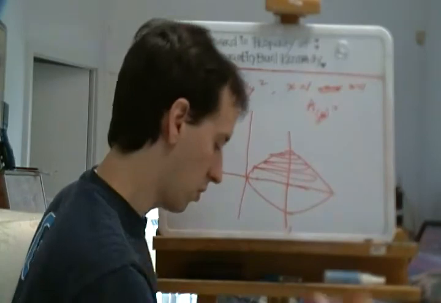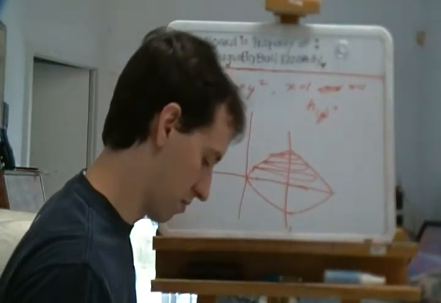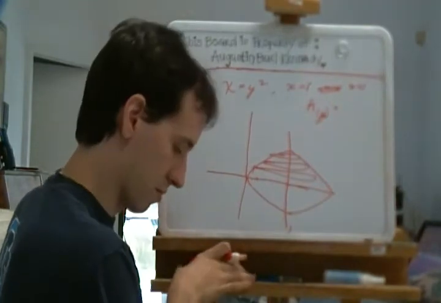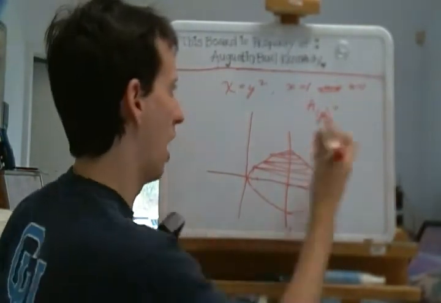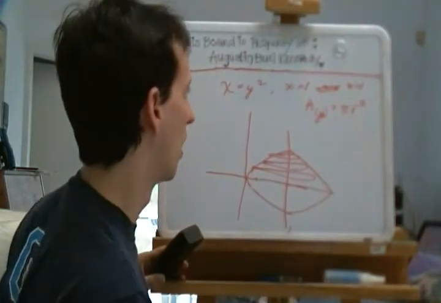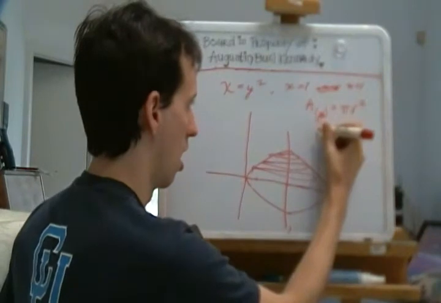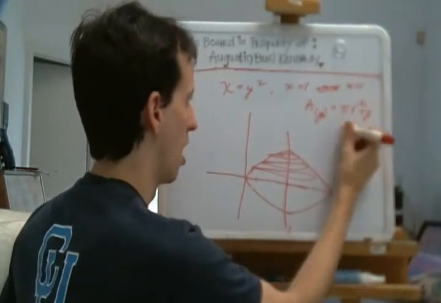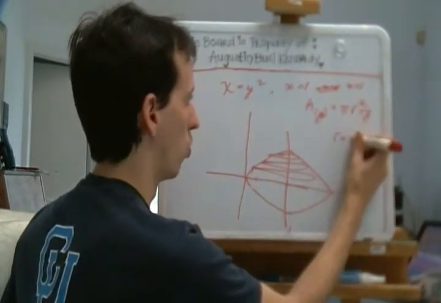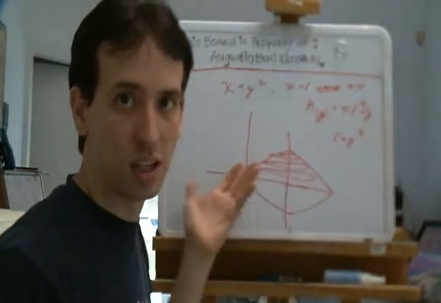So it's going to be y. And what is y? Hold on a second. If area equals pi r squared, and we've got dy, we've got r equals y squared, well, let's just go ahead and use y squared.